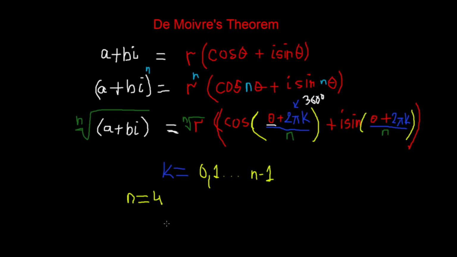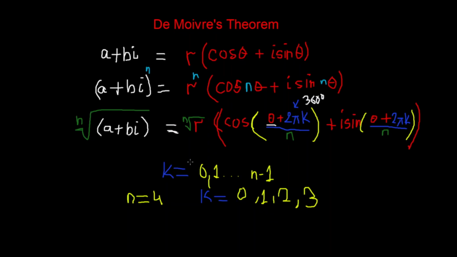Since it's raised to the 4th root, this will have 4 answers. So we plug in 0 for k, we find one of the answers, then we plug in 1 and compute again to find another answer. So k would be 0, then 1, then 2, and then n minus 1, so 4 minus 1 is 3, and you will plug in 3, and you will get 4 different answers.